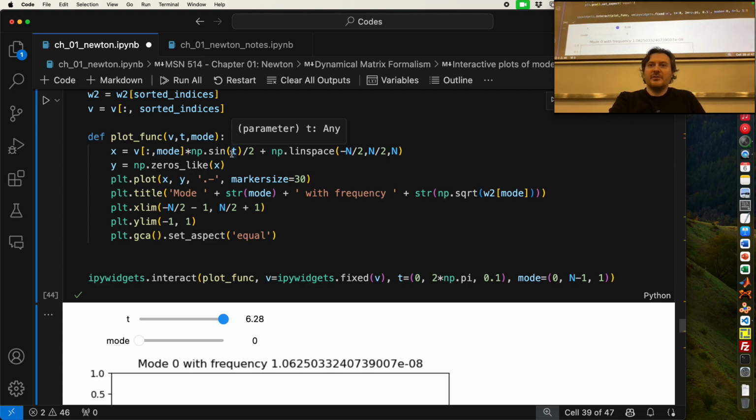Okay? So I'm just putting the same kind of sine on top of everyone, having the same frequency. So for these ones, they actually have zero frequency. A zero frequency oscillation is basically moving with constant velocity. Okay? You are not oscillating.